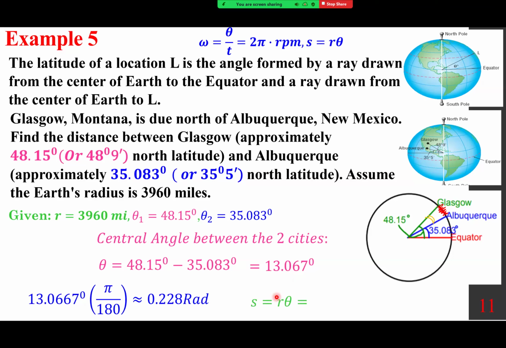S equals R theta, the product of this number and this number in miles. And that's the answer. So knowing the latitude will help us calculate the distance between two locations.